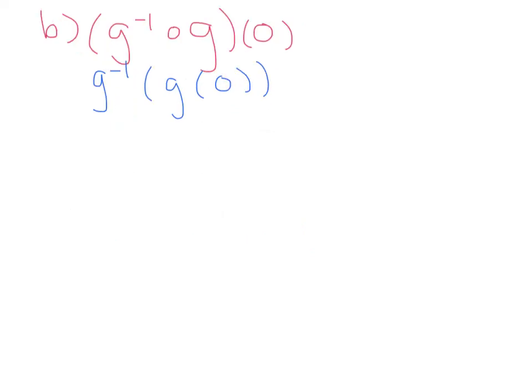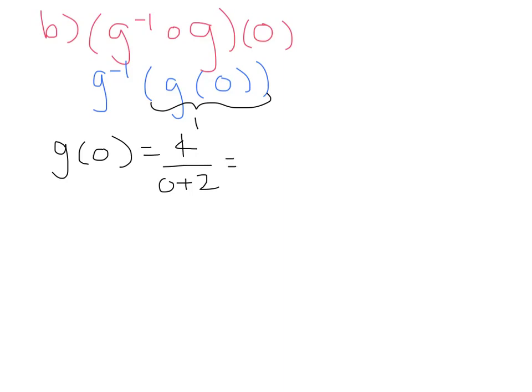Now let's see if part B will work for us, okay? So we have the inverse of g of 0. First step, plug 0 in for your g of x that was given to you. So that is 4 divided by 0 plus 2. 0 plus 2 is 2, and 4 divided by 2 is 2.